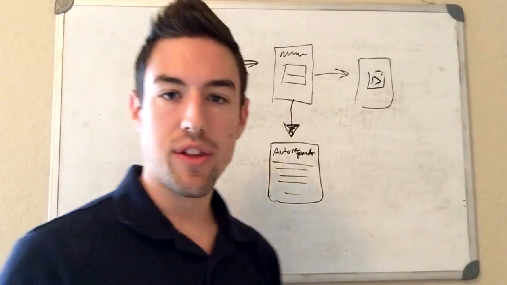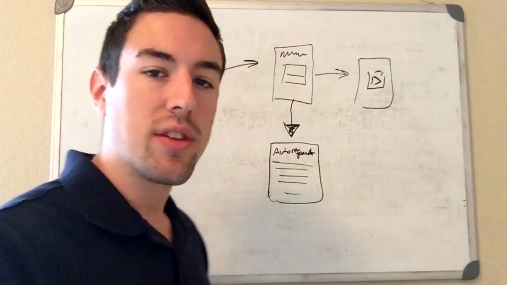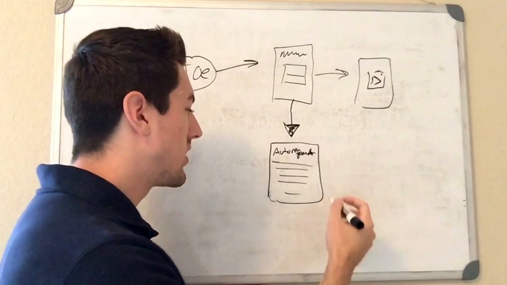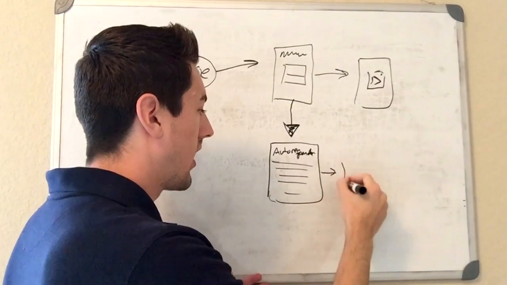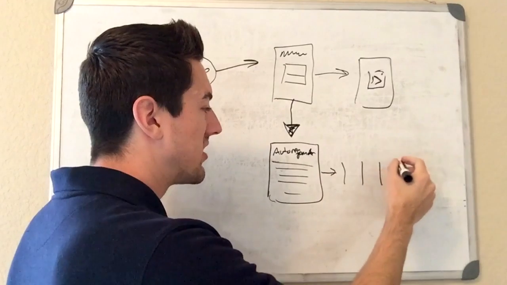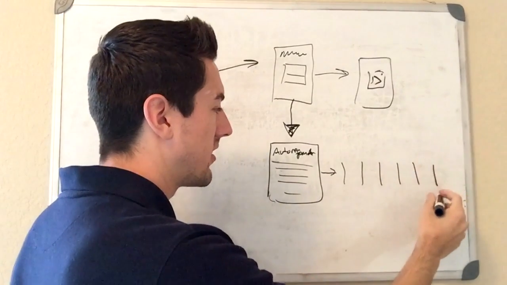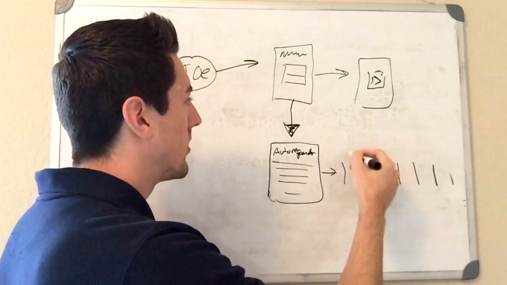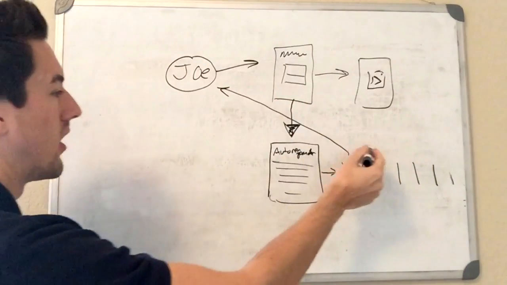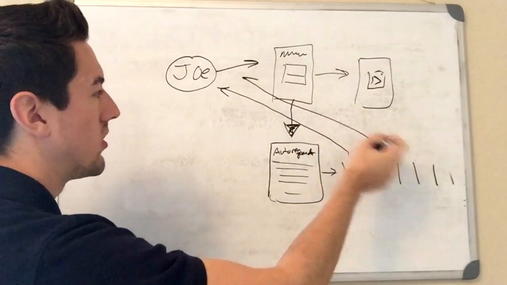Now here's the really cool thing. What you can do with these email autoresponders is you can schedule days' worth of emails to go out back to Joe while you're out.